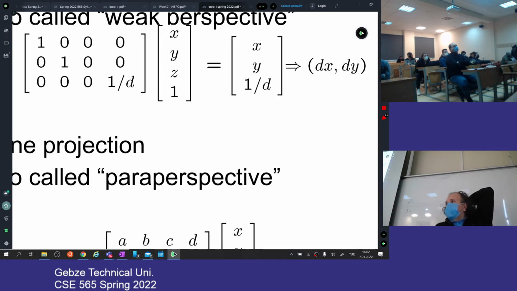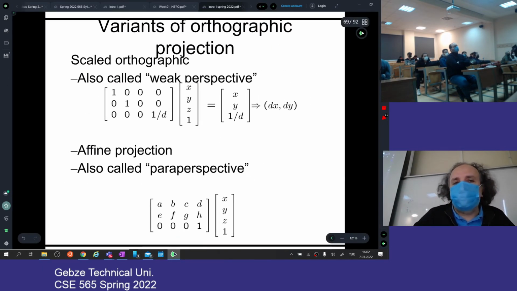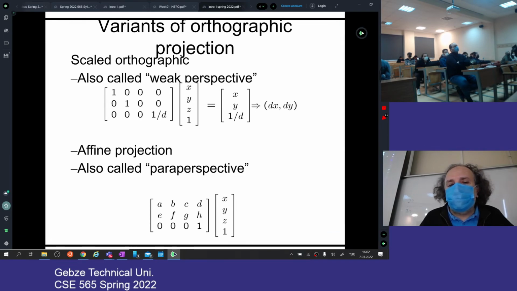That means that it is not perspective. It is orthographic, but it is not pure orthographic. It divides all the x and y's by d. So it is scaled orthographic projection or weak perspective. Some of the lenses do this.